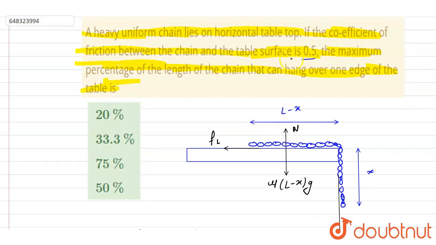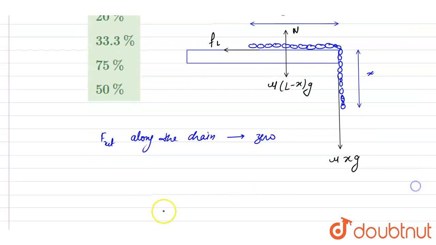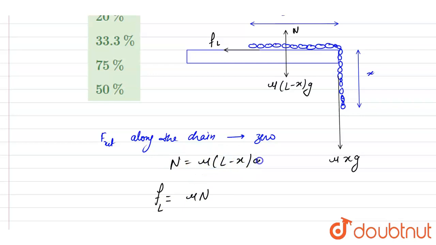So since we want the maximum percentage, right? If I write down the limiting friction force, it is mu times N, and you can see that this N is equal to this normal reaction.